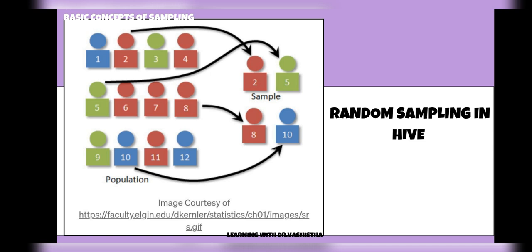For the remaining two, we have taken the persons numbered 8 and 10 from the third row. So basically we have taken one person from the first row, two persons from the second row, and one person again from the third row. This shows that the selection is completely random in nature.